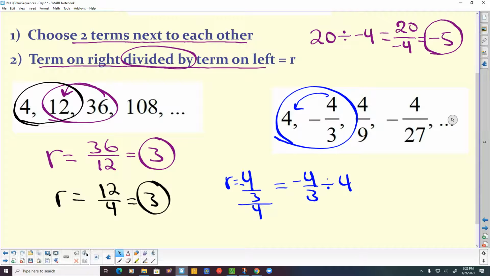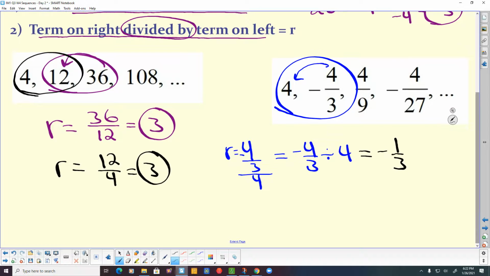So my ratio is negative 1/3. I can kind of see that now. I can see how negative 4/3 times our common ratio, negative 1/3, equals, negative times a negative is a positive, 4 over 3 times 3 is 9.